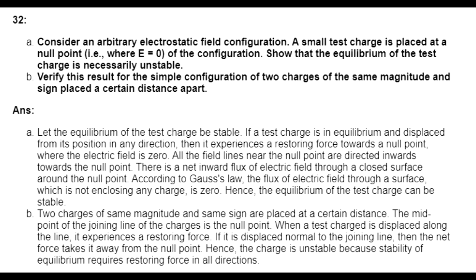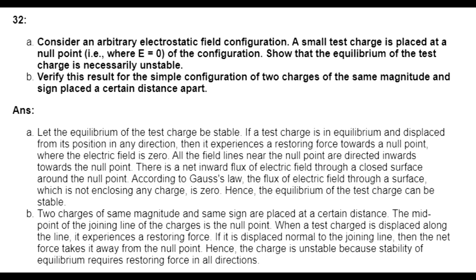Now, let the equilibrium of the test charge be stable. If a test charge is in equilibrium and displaced from its position in any direction, then it experiences a restoring force towards the null point, where the electric field is 0. All the field lines near the null point are directed inward towards the null point.